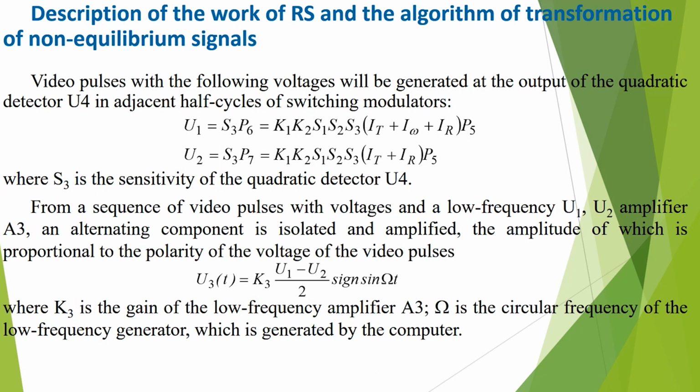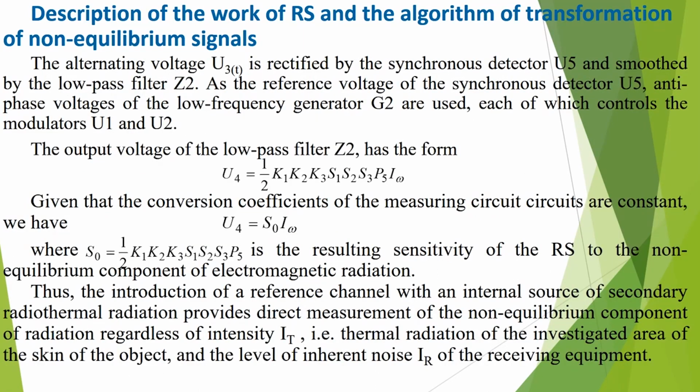From the sequence of video pulses with the voltages and low frequency U1, U2, amplifier A3, an alternating component is isolated and amplified, the amplitude of which is proportional to the polarity of the voltage of the video pulses. The alternating voltage U3T is rectified by the synchronous detector U5 and smoothed by the low-pass filter Z2.